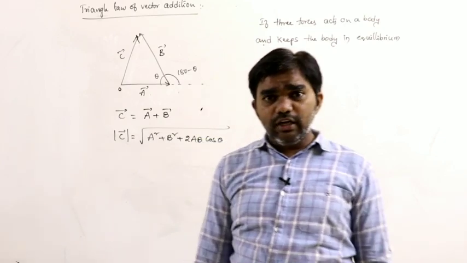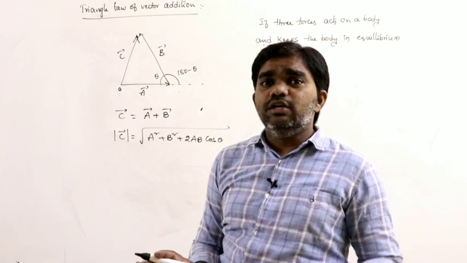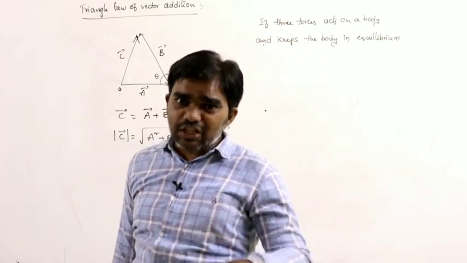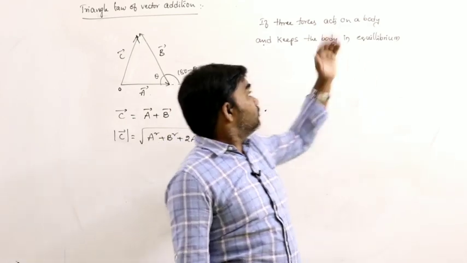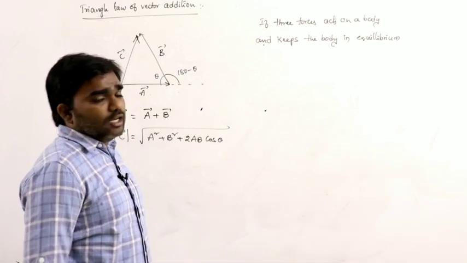When the body is said to be in equilibrium, the net force acting on the body is 0. That means that due to the application of a number of forces, the position of the body does not change, so we can say that the body must be in equilibrium.